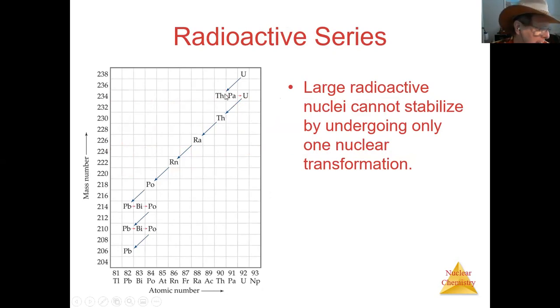Then it gains a positron to go to palladium. Then it goes to another one to get to uranium. Then it goes back to thorium, radium, radon. There's this whole series of steps that occurs until you get to a final stable nucleus. Generally speaking, they will end up being lead. So if I have a whole series of these reactions, it's just called a radioactive series.